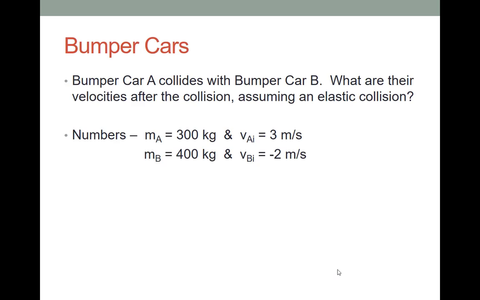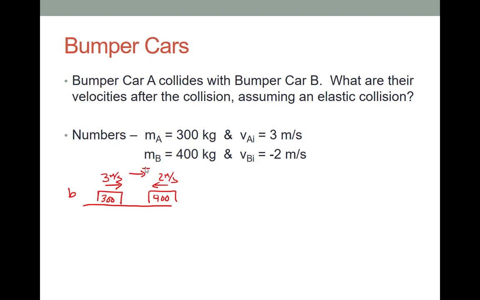So now let's apply this. We're going to apply this thinking about bumper cars colliding elastically. Just as we did with inelastic collision, it really helps to draw a picture. We are told we have two bumper cars with unequal masses. One is initially moving in the positive direction, the other one in the negative direction.